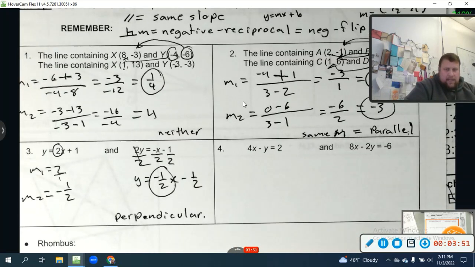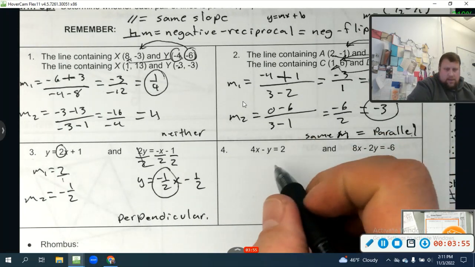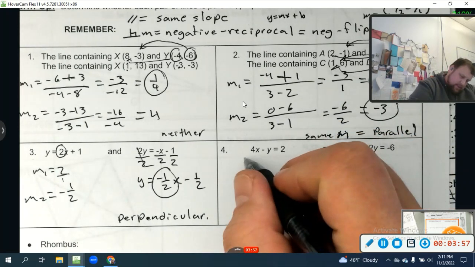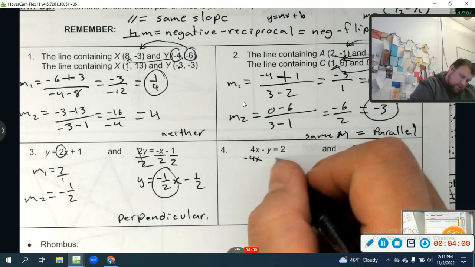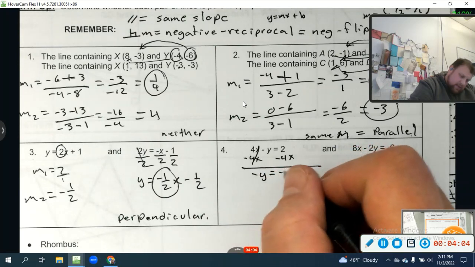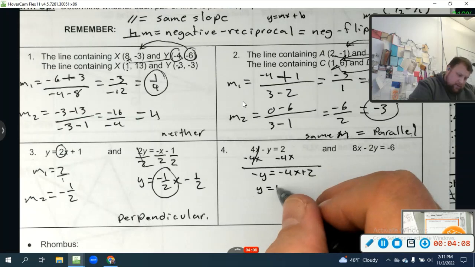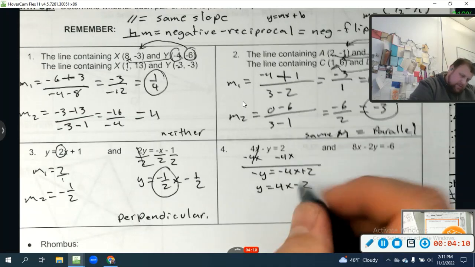And last but not least, again, solve for y. Minus 4x, I always put that first. Negative y equals negative 4x plus 2. So therefore, y equals positive 4x minus 2.